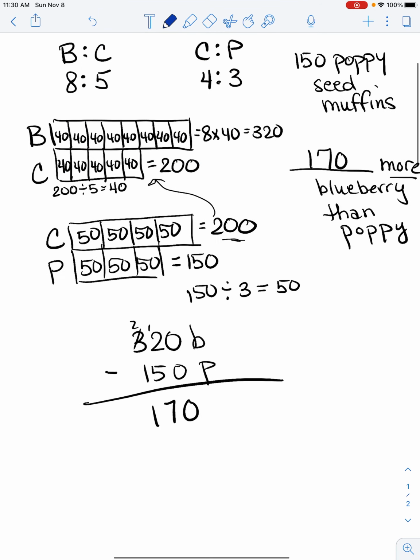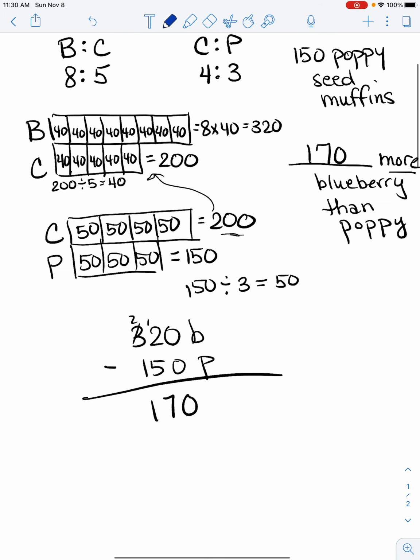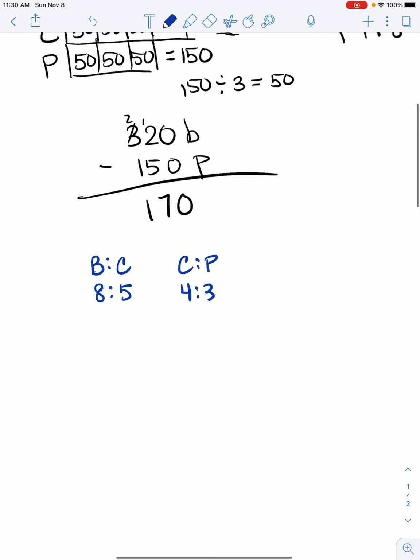Okay, now, interesting here, I'm going to write this again: blueberry to corn is 8 to 5. And corn to poppy is 4 to 3. And let's see what we can do here. Okay, now, again, the thing that they have in common is the corn muffin part of the ratio, right?